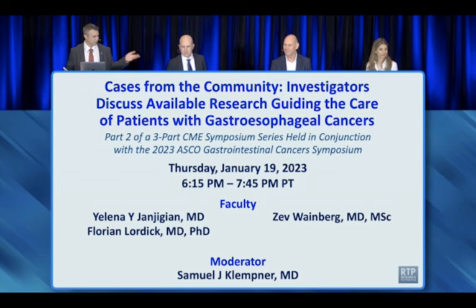FGFR2b will become another interesting target. There is a study that is called the FIGHT study, and some of the people here on stage know it better than me. Bemarituzumab is a monoclonal antibody that binds against FGFR2b. Patients for this randomized phase 2 trial have mostly been selected by immunohistochemical proof of overexpression of FGFR2b.